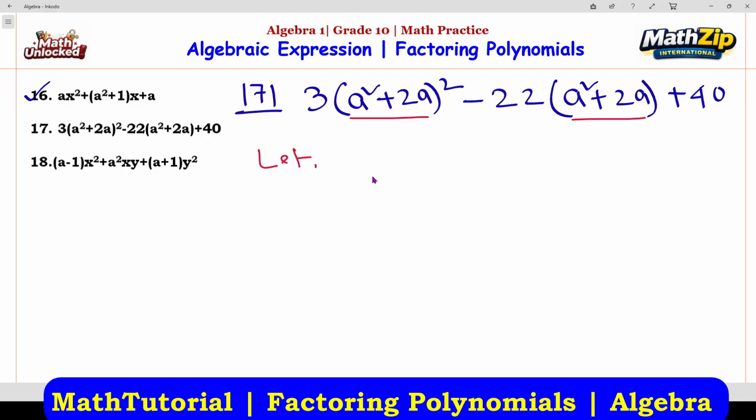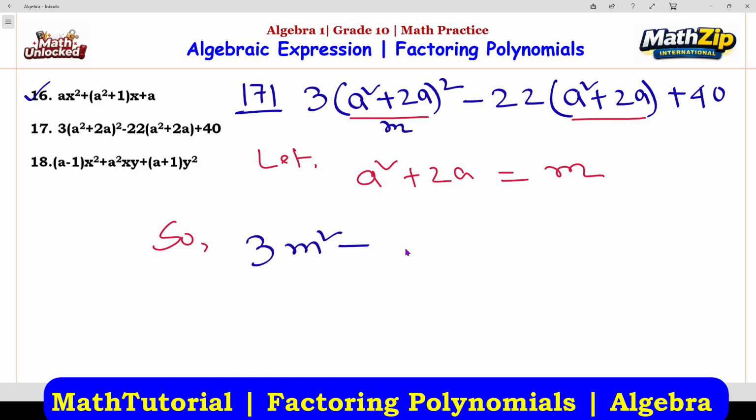We can consider a² plus 2a like m. Okay, so we can write 3m² minus 22m plus 40.